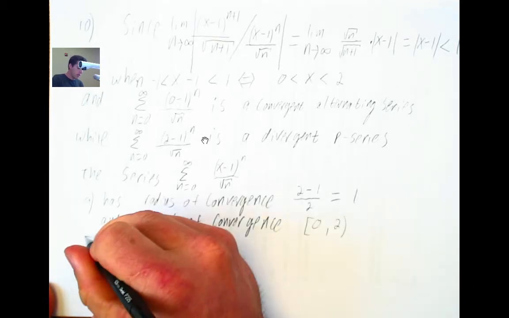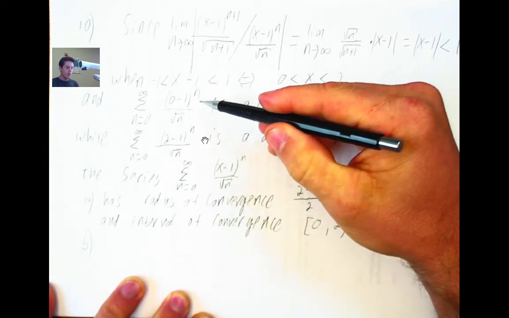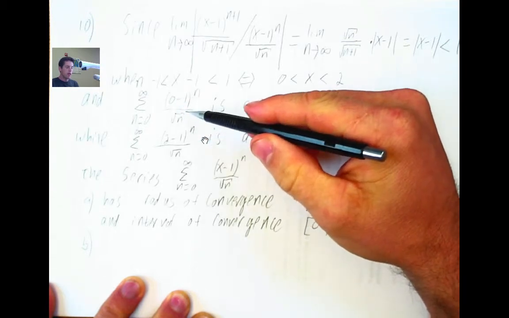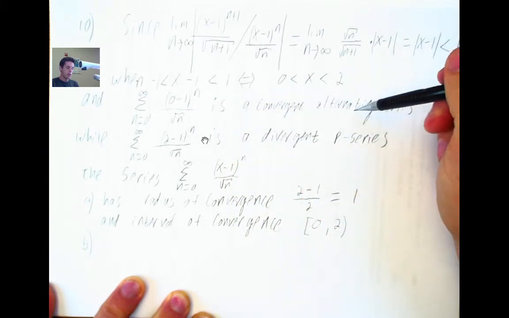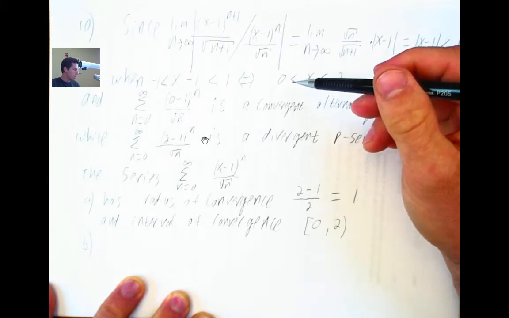Okay. B, we're looking for where this converges absolutely. Well, this series is the same as this series if we take the absolute value of every term. So that is to say, this series does not converge absolutely. Right? So we do not converge absolutely at 0.